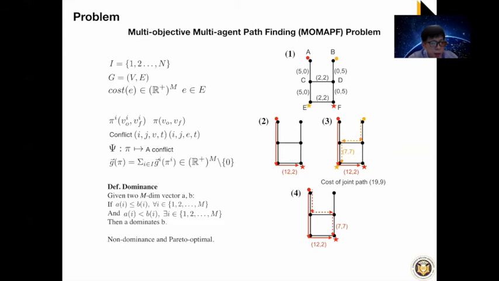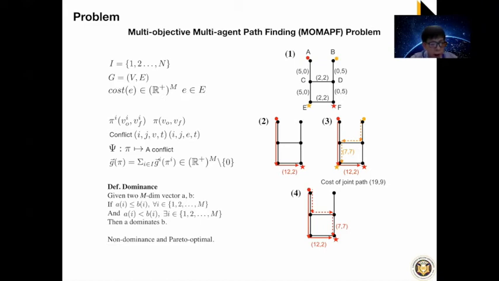Now, to compare two paths, we compare the cost vectors related to them. Specifically, given two cost vectors A and B, if every component in A is less than or equal to the corresponding component in B, and there exists at least one component in A such that it is strictly less than the corresponding component in B, we say that A dominates B. If A does not dominate B, and B does not dominate A, then A and B are non-dominated to each other.